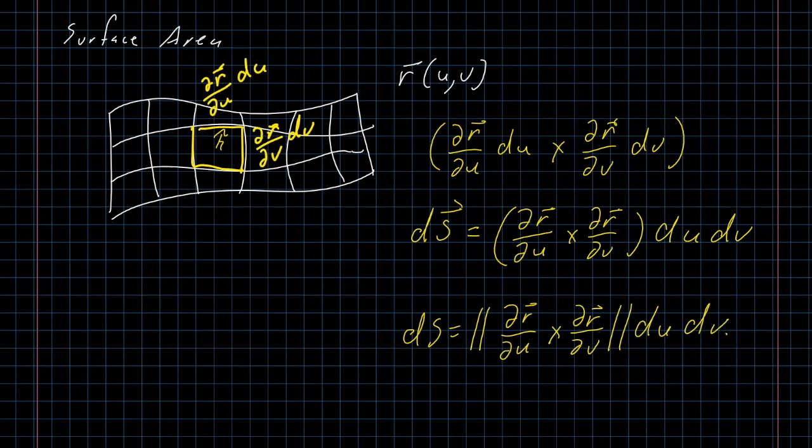And so with that, I have a tool for finding the area of a surface defined parametrically. And since I can take surfaces defined by other means and rewrite them as parametric surfaces, I have a tool for finding the surface area in general.